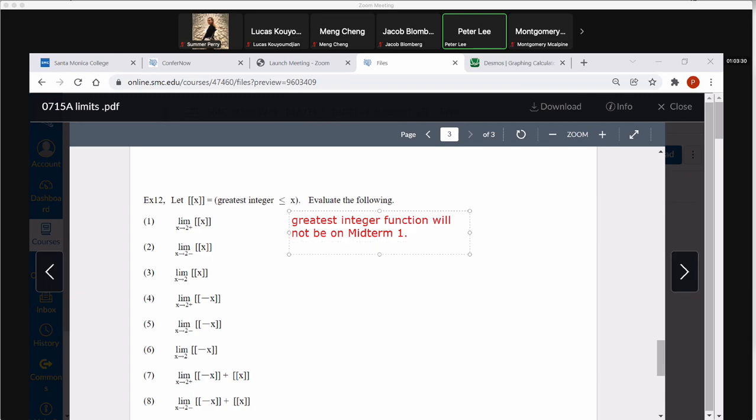By the way, programmers call this function int x, the integer function. But in math, we call this the great integer function. Names are a little bit different.